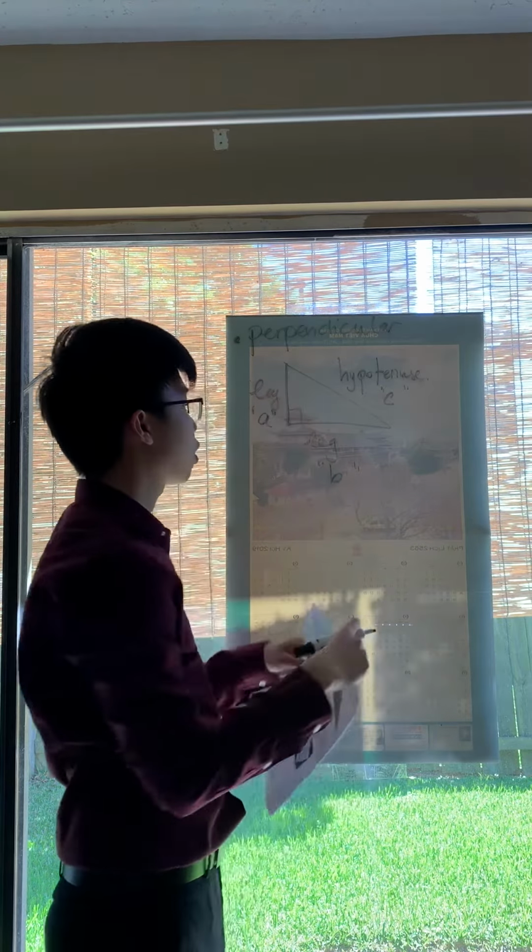The Pythagorean theorem says, in a right triangle, the square of the hypotenuse is equal to the sum of the squares of the other two sides. This theorem can be represented algebraically as a squared plus b squared equals c squared. So, let's go ahead and prove that.